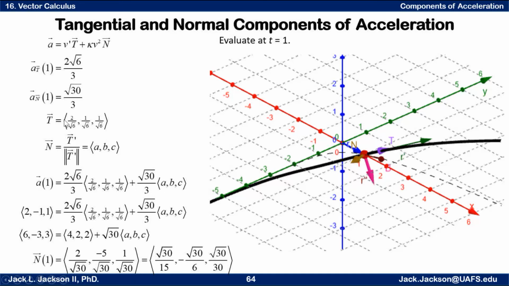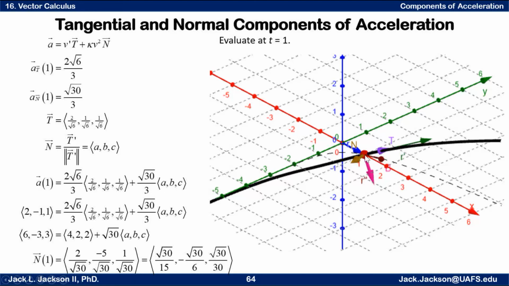Okay, this unit tangent, this one right here, is the purple vector here, this way. And of course these components, if you take this part right here, the 2 square root of 6 over 3 times this unit tangent vector, that term is going to be a component of this acceleration that's going in this t direction.